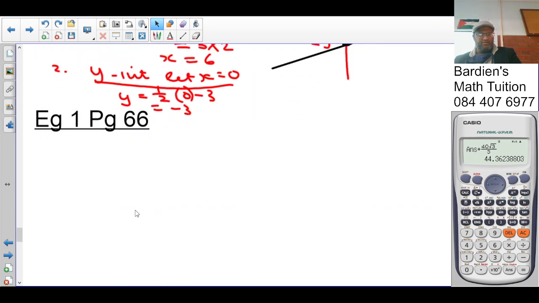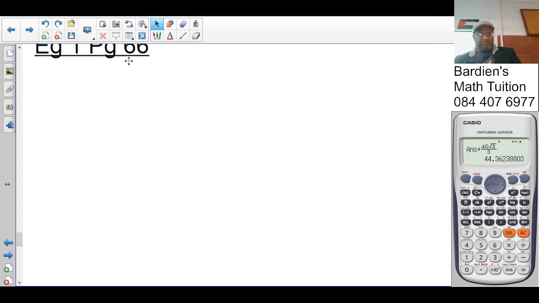The calculations will be done separately, but you'll draw it on the same graph.